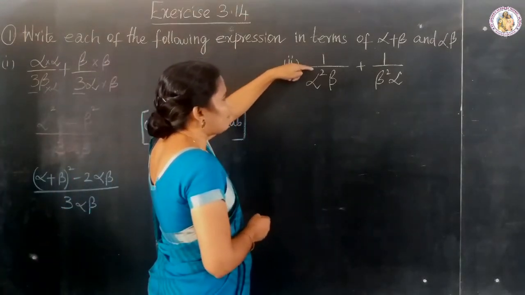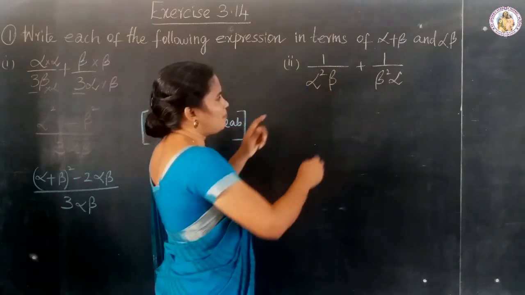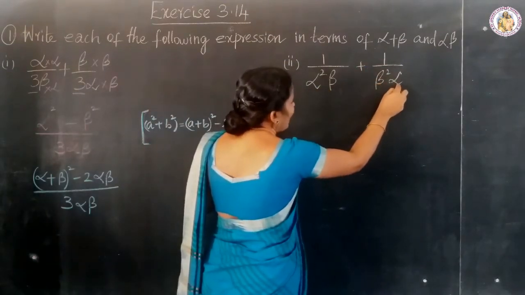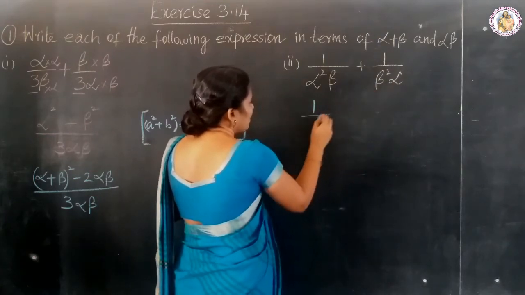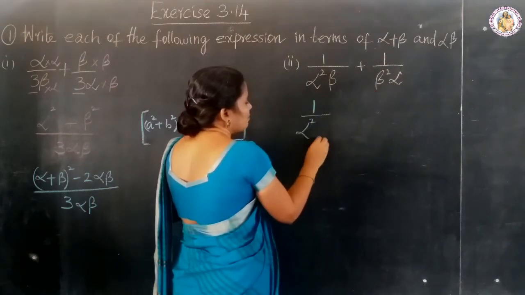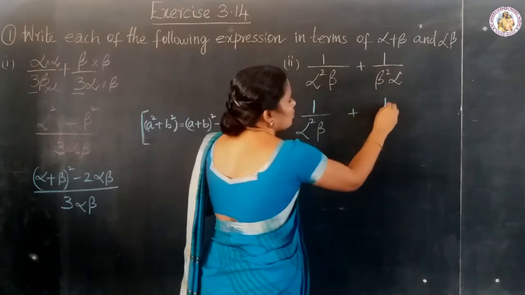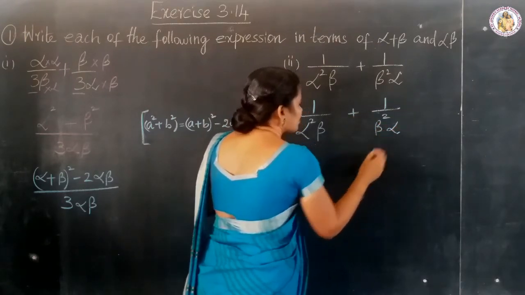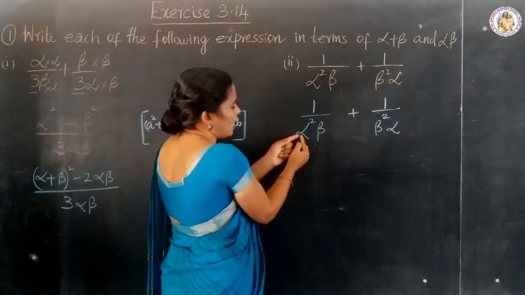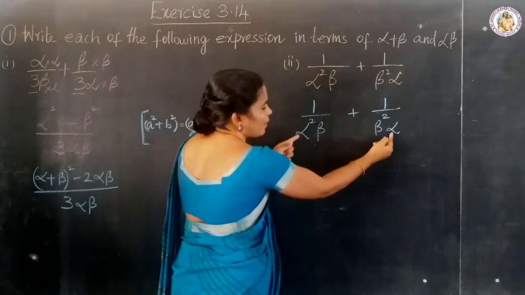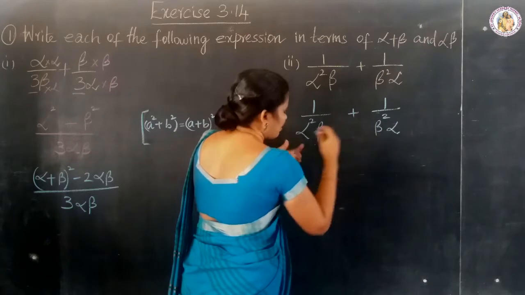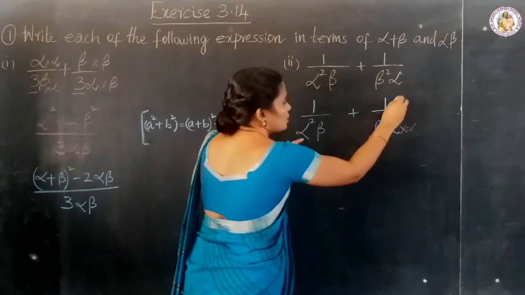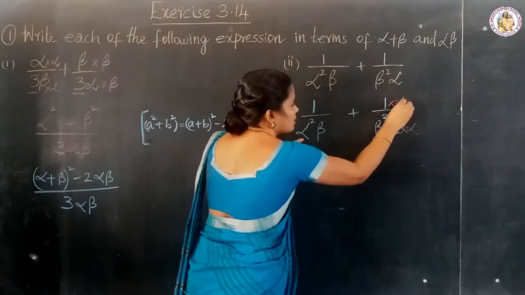Question number 2: 1 divided by alpha square into beta plus 1 divided by beta square into alpha. Now you can see alpha square, but here we have only 1 alpha. So multiply with another alpha, both to the numerator as well as denominator.